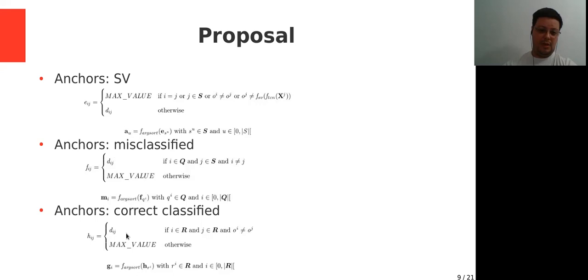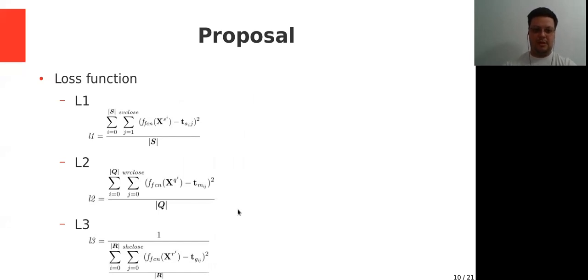Here we calculate the same. So G is a matrix where each line is a vector with indexes to all the closest anchors that are correctly classified instances from the opposite class. So we get it by this information here. So our loss function is calculated like this.